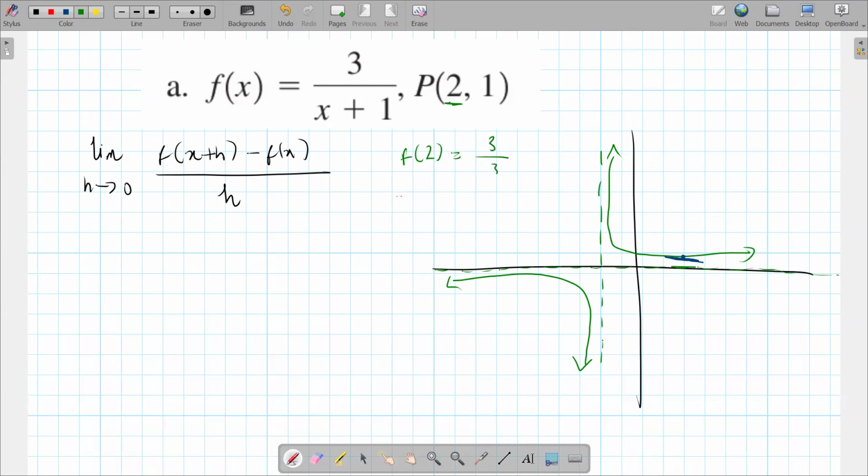That's 3 over 3, that's a 1. So that's easy peasy. Okay, why don't you tell me what's f of 2 plus h for this function? 3 over 2 plus h plus 1. Yeah, perfect. And we can collect like terms. It becomes 3 over 3 plus h.